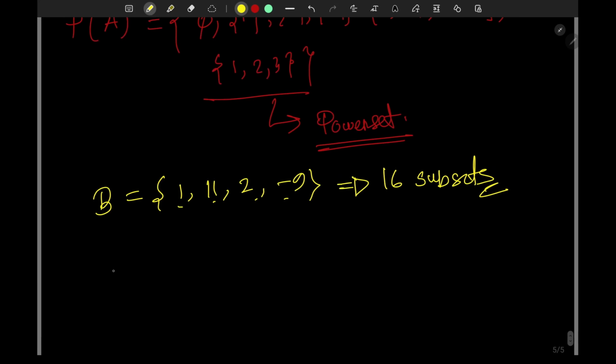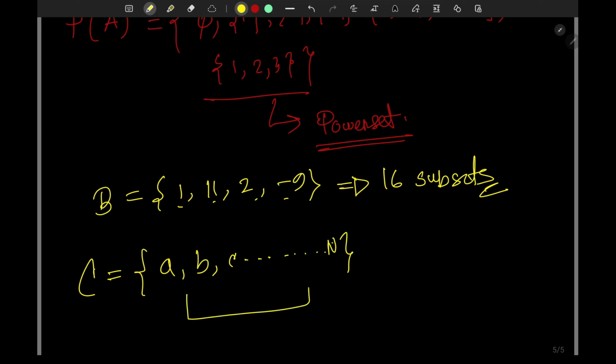And in general, if your set has n elements, let's say A, B, C and so on, n number of elements, the number of subsets will be 2 to the power n.